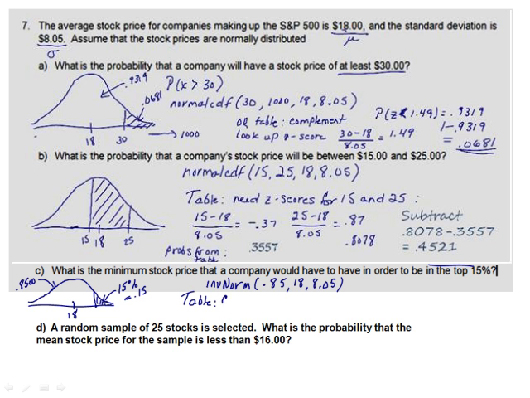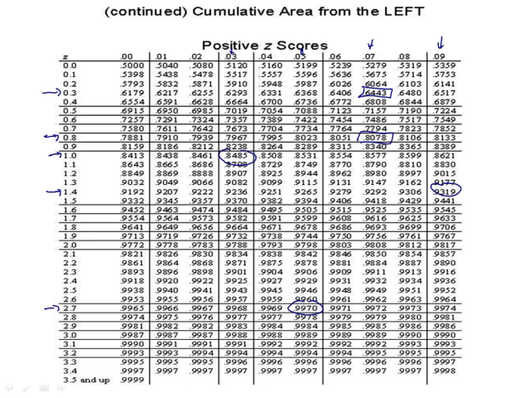To look it up in the table, we're going to find the closest value in the middle of the table to 0.8500. So if we look through the table here, the two values that are the closest are 0.8485 and 0.8508.